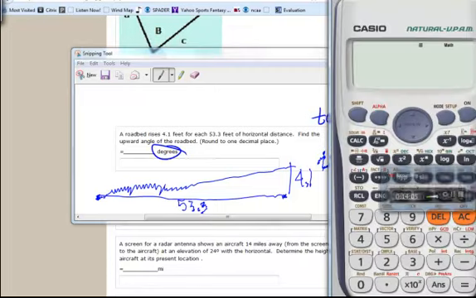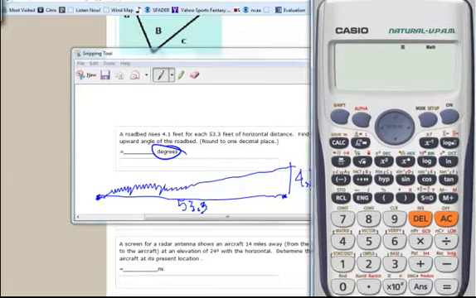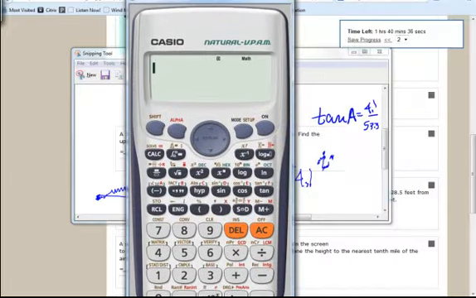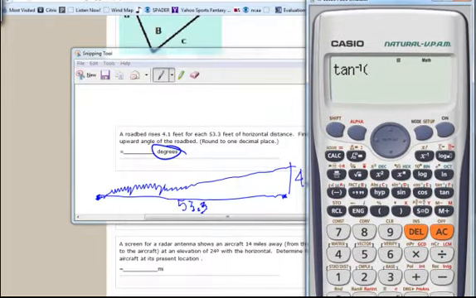So on our calculator, we're looking for the tangent. We're looking for the angle, so we want the shift tangent fraction 4.1 over 53.3, and then we would get our angle.